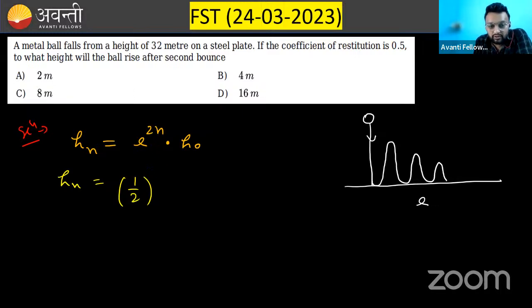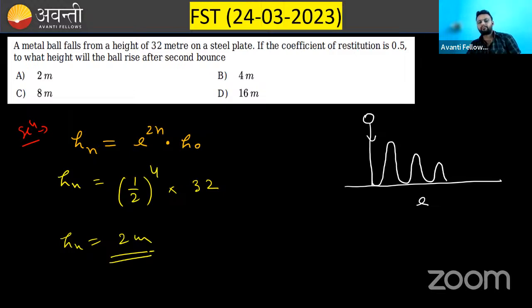Second bounce means n is 2. So that is 4 into h naught, which is 32. So that is 1 by 2 raised to power 4, that is 16, into 32, that is 2. So Hn is 2 meters. Is it clear now? Okay. 8 meter is the answer. Hn is 1 by 2 raised to the power 4 into 32.